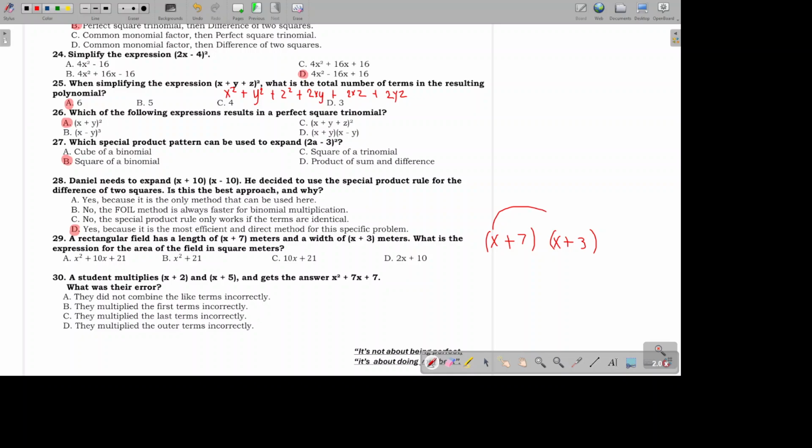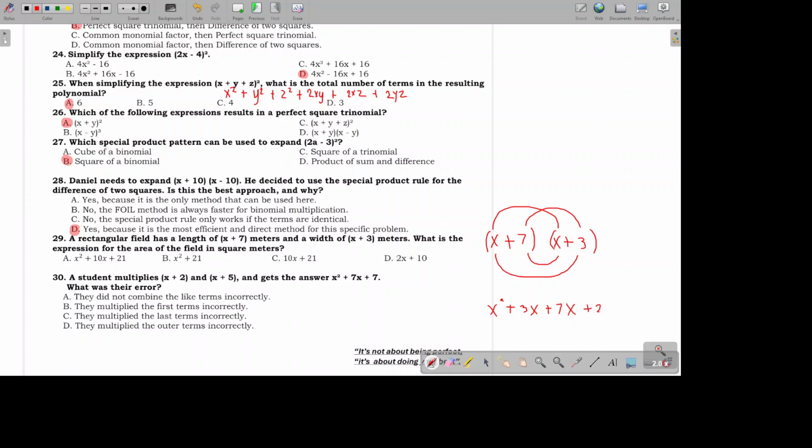First times the first, we have x squared. Multiplying the outer terms, we have 3x. Multiplying the inner terms, we have 7x. And multiplying the last terms, we have 21.